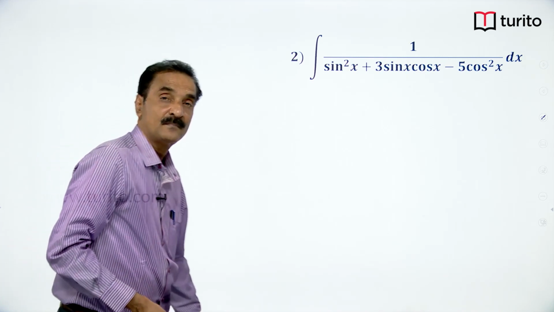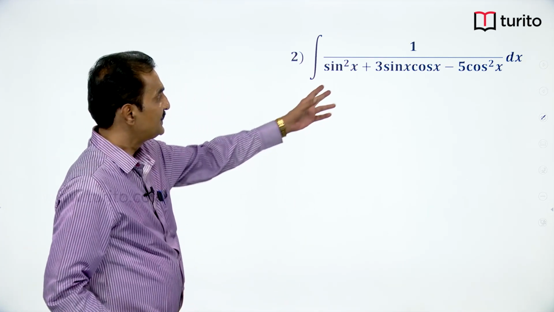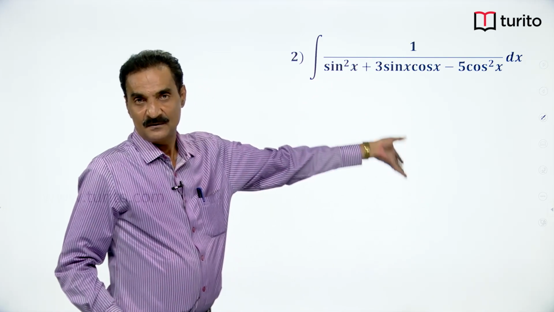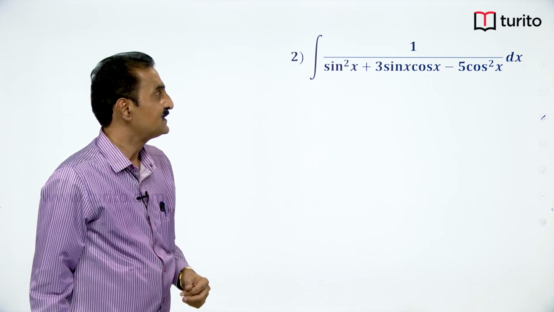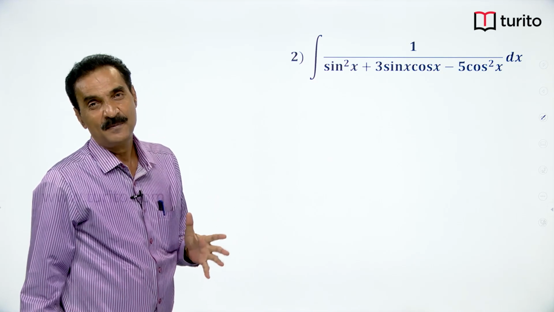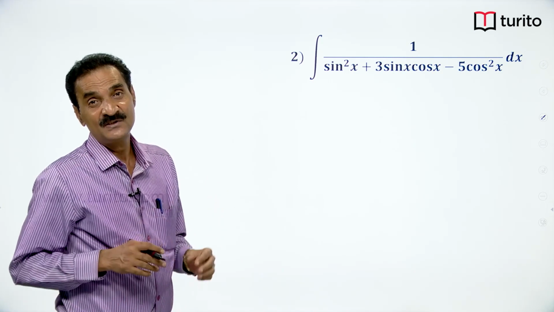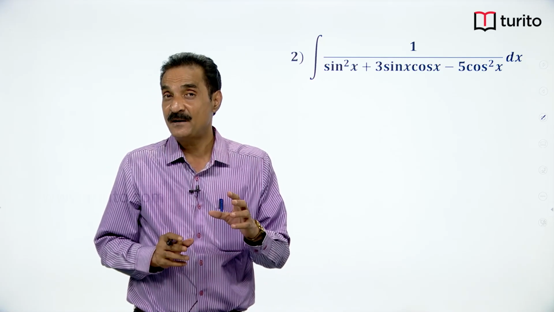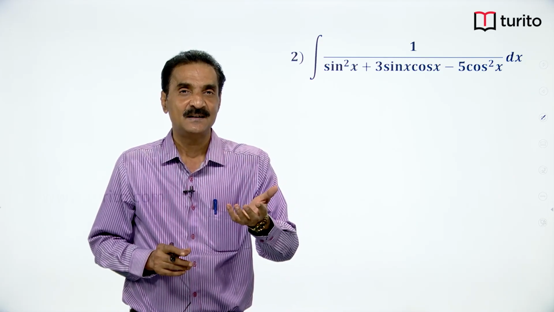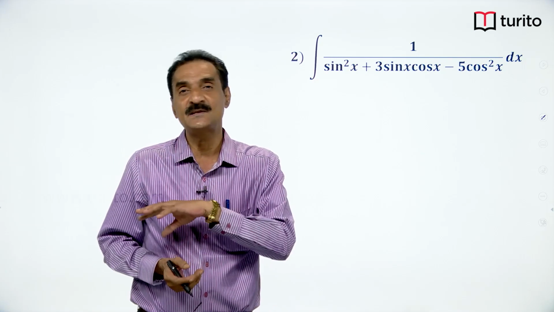This is also in the form of those standard forms, one of the 5 standard forms. What is the method? Multiply and divide by secant square x. And one more thing is, instead of multiplying and dividing by secant square x, you can multiply and divide by cosecant square x. Then we have to put cot x is equal to t.